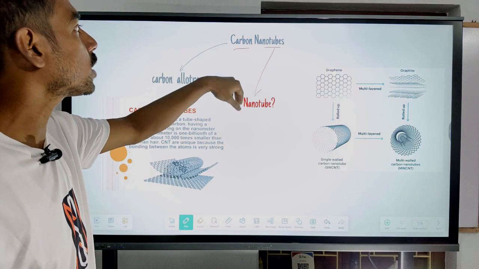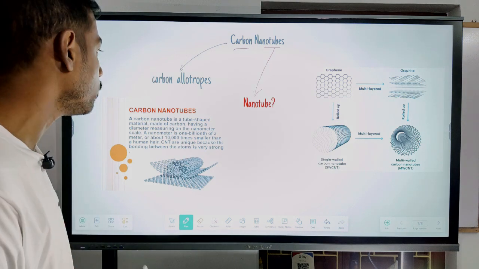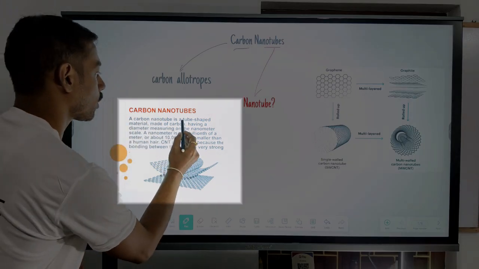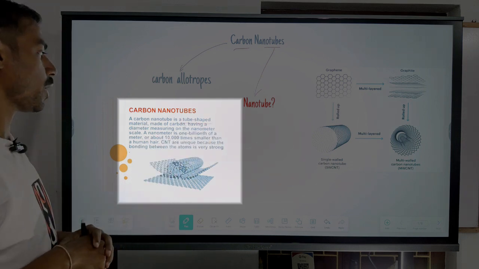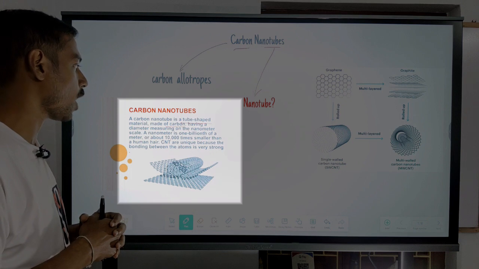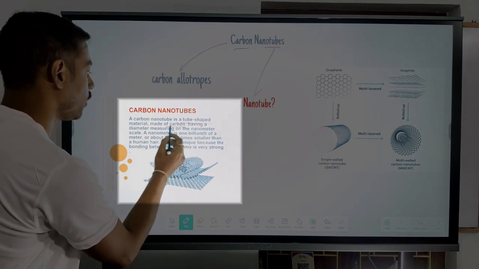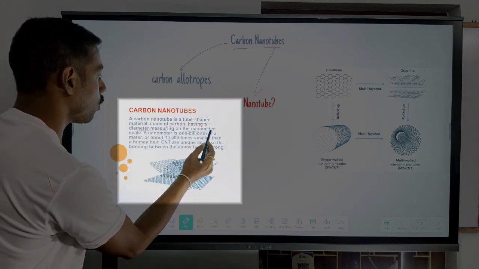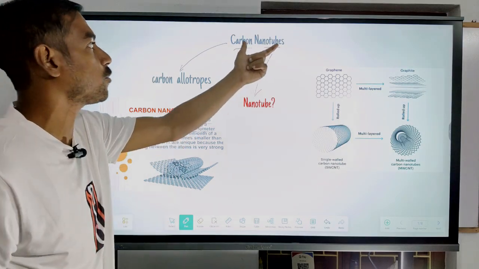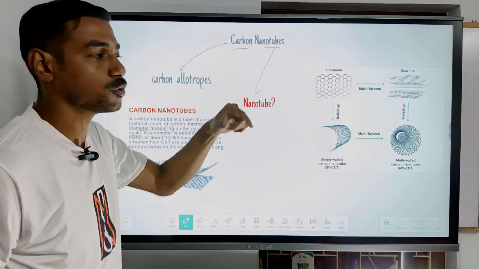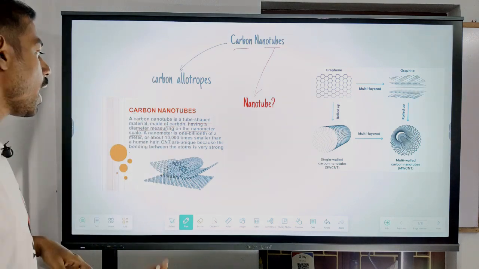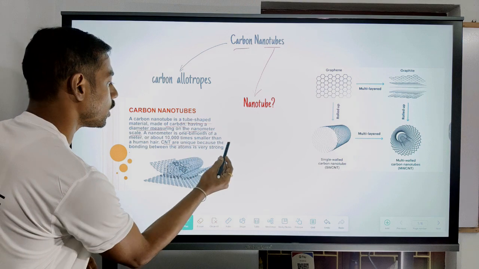So basically, what should be the complete definition of carbon nanotubes? A carbon nanotube is a tube shaped material made up of carbon, or you can say made up of carbon allotropes, having a diameter measuring on the nanometer scale. As it is being measured on the nanometer scale, therefore it is named as nanotubes. It is having unique properties.